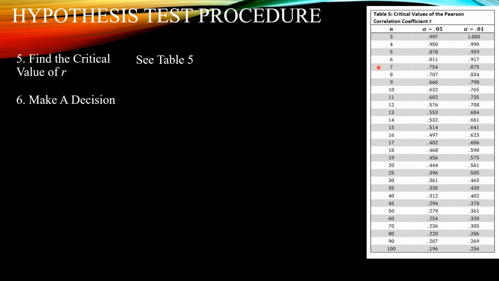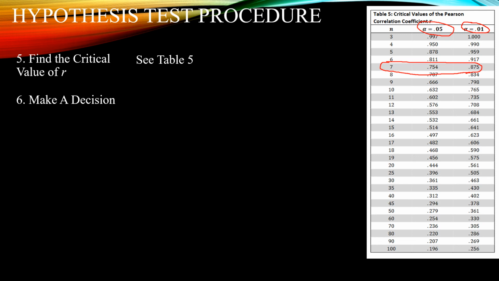So let's just look at an example. Let's say you had a set of 7 data points. With a set of 7 data points, I've got 2 critical values for the correlation coefficient, 0.754 and 0.875. And that's at a 5% significance level and 1% significance level, respectively.